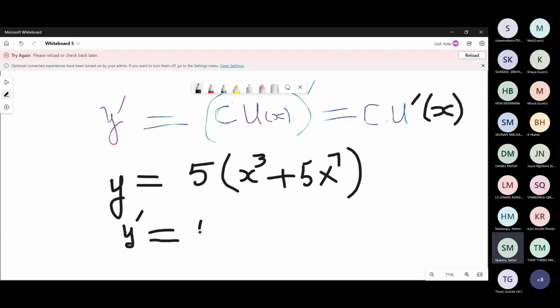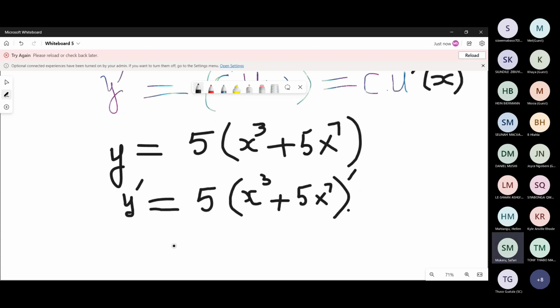So here we have simply 5, and we multiply by the derivative of x^3 plus 5x^7, right? So we simply take this derivative. What is the answer now?